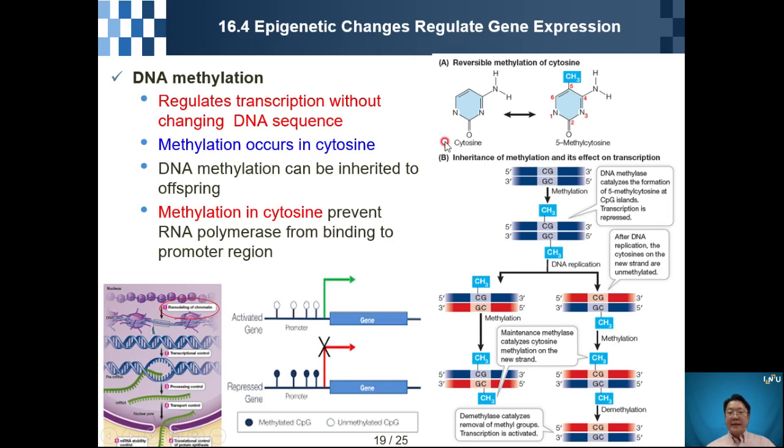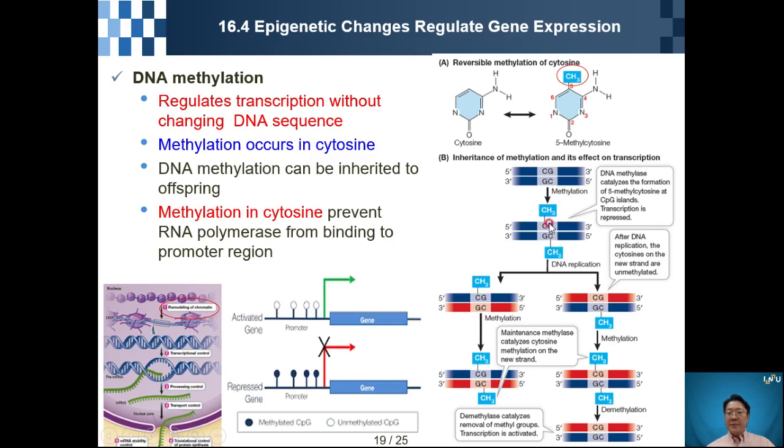So this is cytosine, and a methyl group can be added here, so it makes 5-methylcytosine. Cytosine is changed to 5-methylcytosine, but they are still cytosine, so there is no change in the DNA sequence. The only thing is that a methyl group is added.